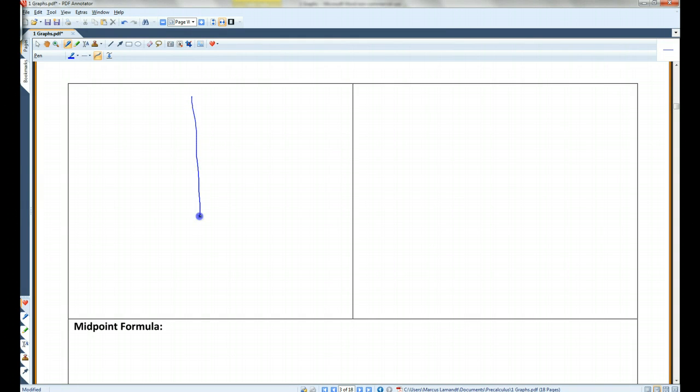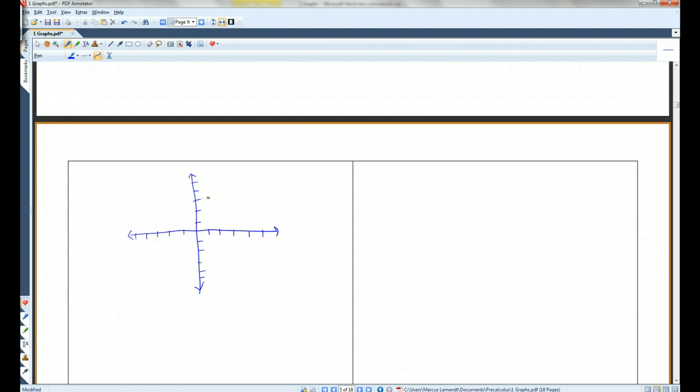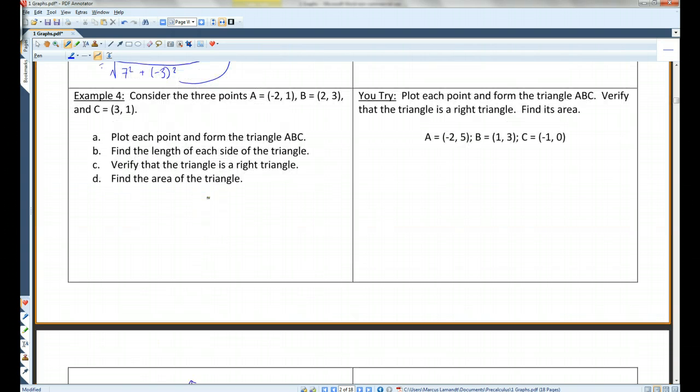So we've got negative 1, 2. Let me change colors. Let's use this one.